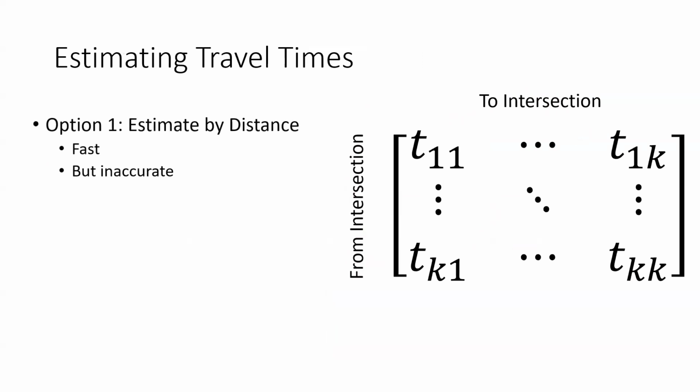The first option, which is the fastest one, is to estimate by Euclidean distance. This is fast, but very inaccurate because this is not accounting for any path, any speed requirement, any turn penalties, nothing. Option 2 is to get the exact path. It's accurate, but slow.